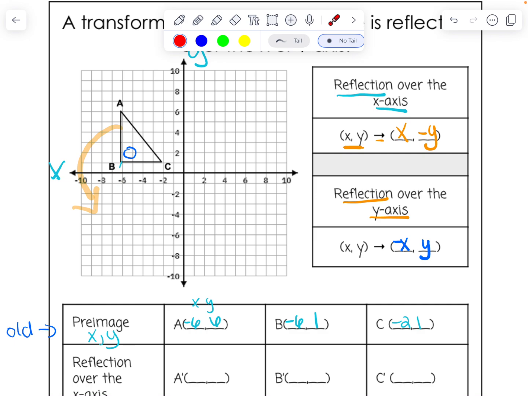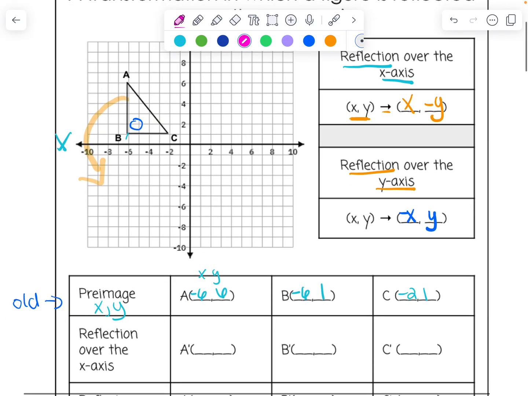And then I'm going to draw it in a second. Same thing here, 1, 2, 3, 4, 5, 6. So then I would count 1, 2, 3, 4, 5, 6 to create my new A. For C, it's just 1 away, so it'll be 1 away from the axis. But if you know the rule, it'll be a little bit easier.